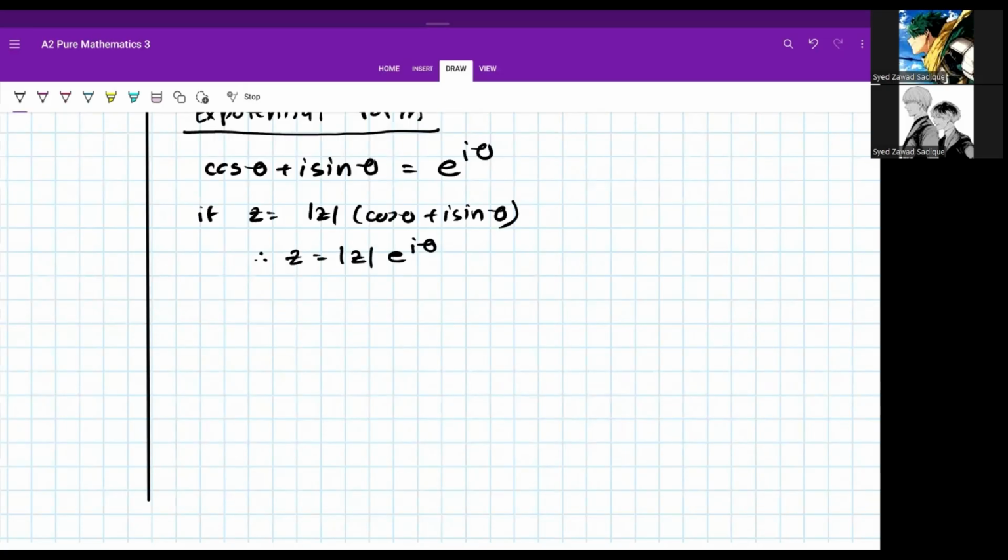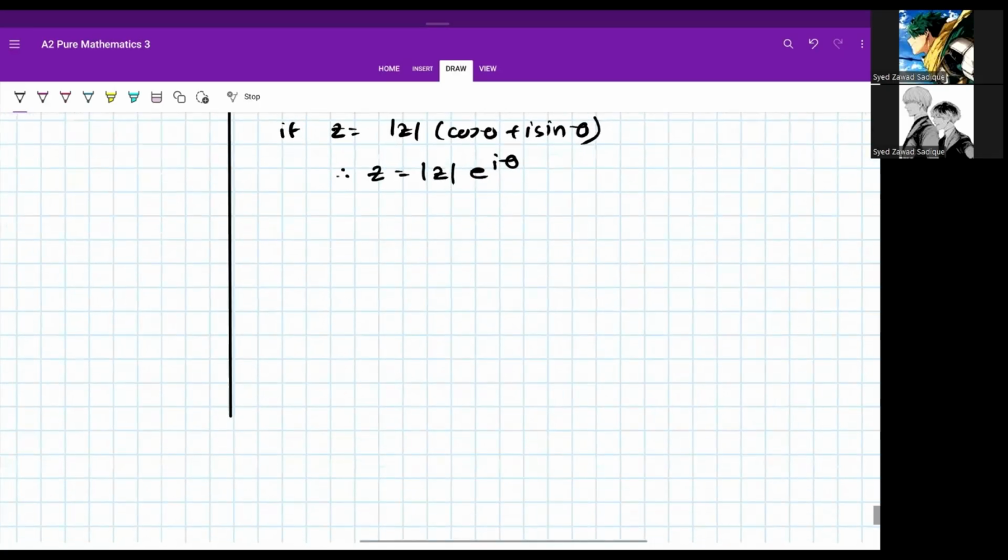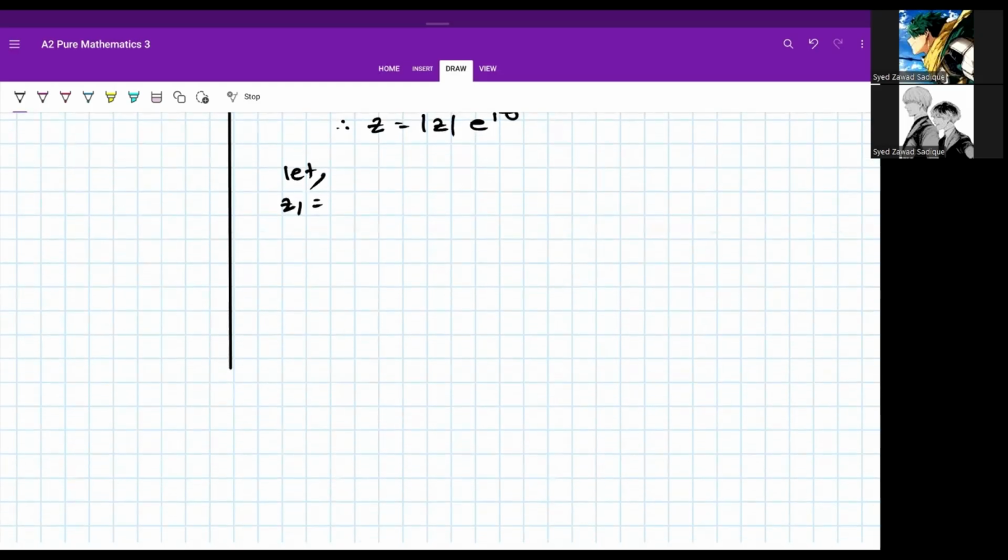Now let z1 be equal to modulus of z1 e to the power i theta 1, and z2 equal to modulus of z2 e to the power i theta 2.